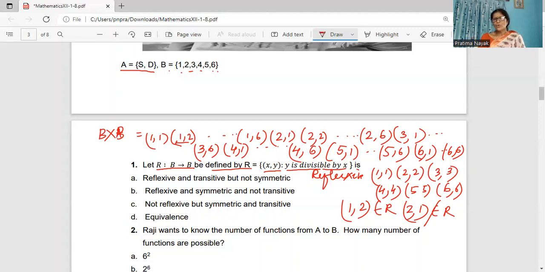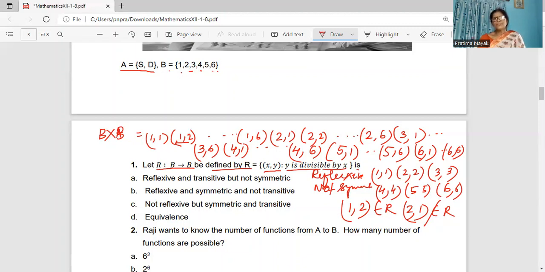So this is not symmetric. So it is reflexive but not symmetric. So which option is there? Instead of going for transitive, you can see which option is correct. Reflexive and transitive, or not symmetric. Here it is reflexive and symmetric. So which one will I select? I'll select A. Let us see for transitive also.